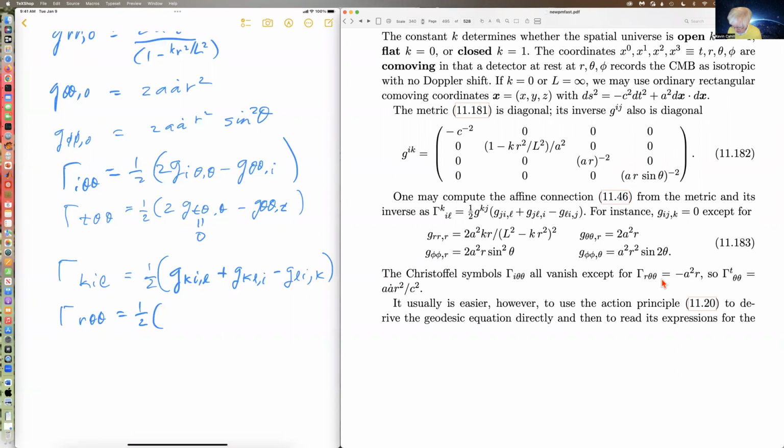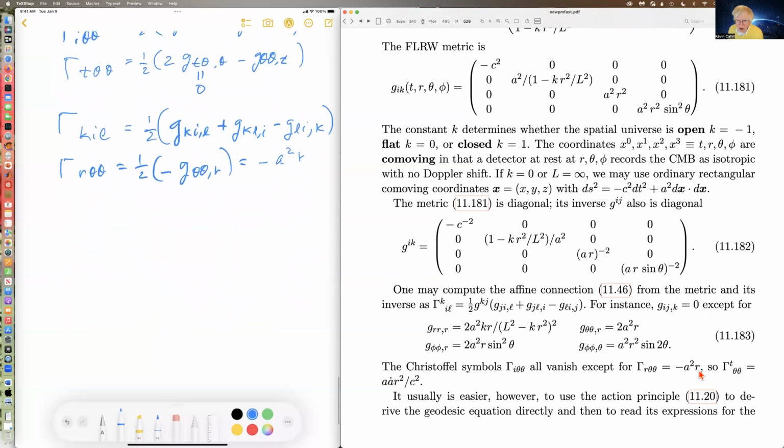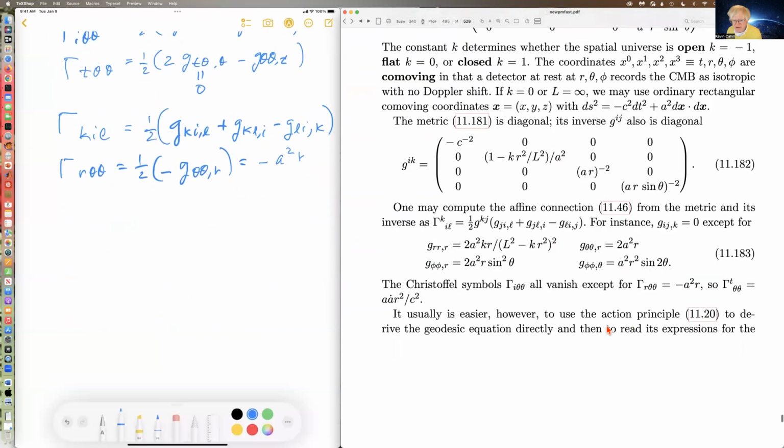Similarly, the second term vanishes, and so we just get minus G theta theta comma R, and G theta theta comma R is 2 this, and so this is minus A squared R, which is what I wrote down here. Okay, so this is how this works.